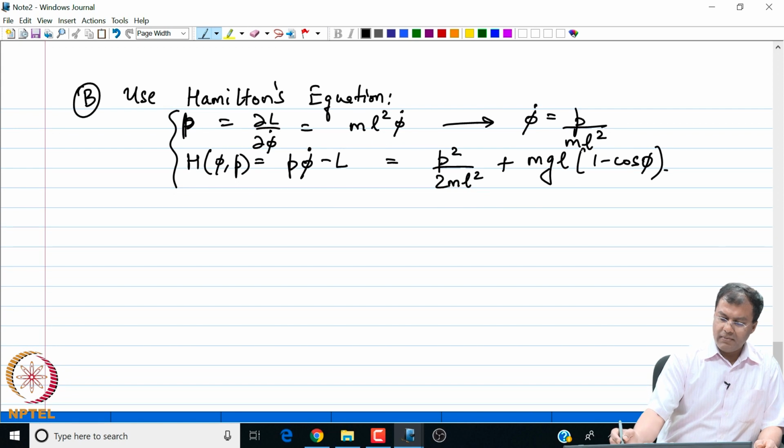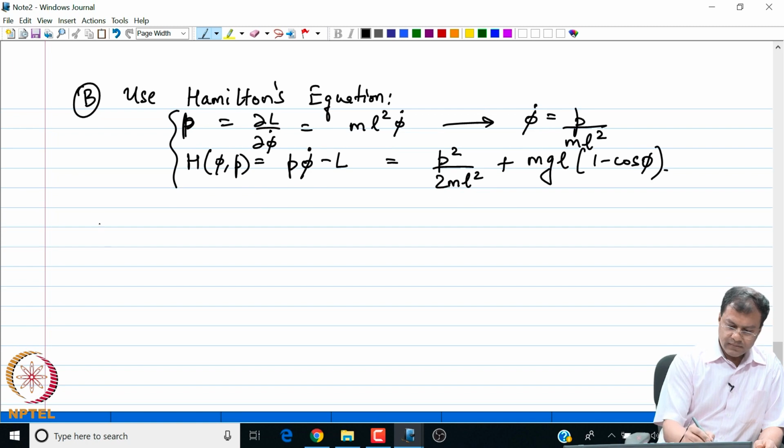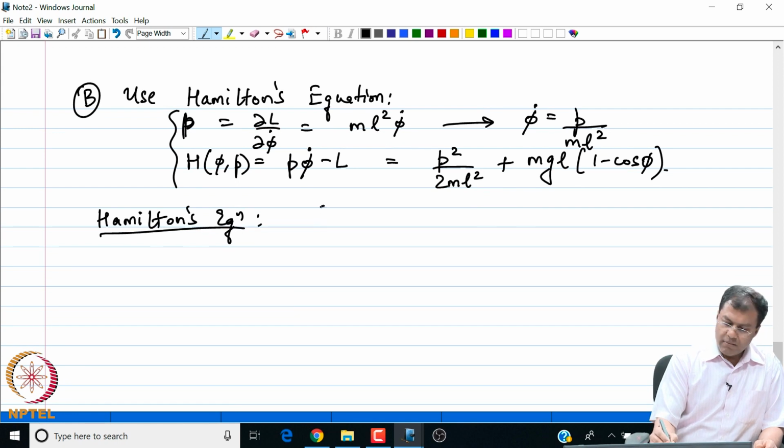So these are my two conjugate variables. Phi dot has been described in terms of P, and now let us look at Hamilton's equation. Partial H partial P is phi dot, and the second one is minus partial H partial phi, which is the dependent variable, is P dot.